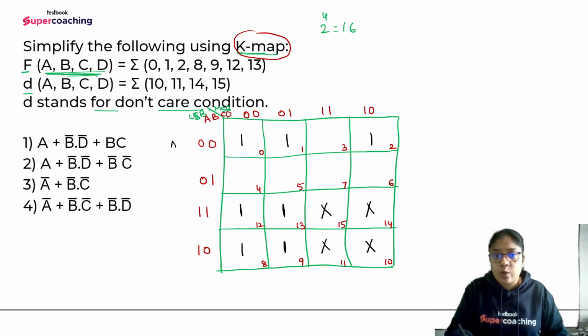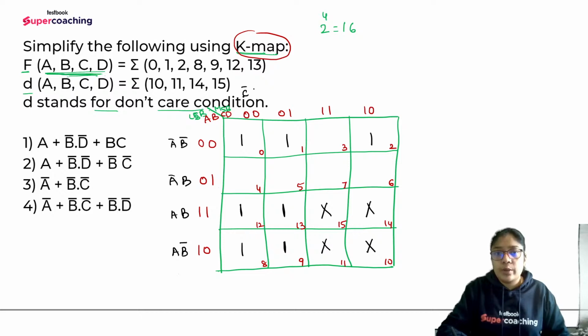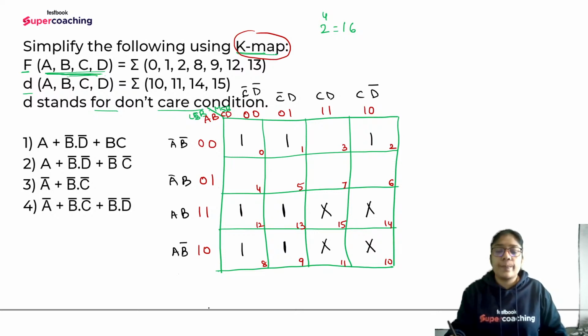This is A complement, B complement, A complement B, AB, AB complement. Similarly, here we'll be getting C complement D complement, C complement D, CD, and CD complement. Form the groups. An octet is definitely possible. In the last two rows, we have an octet forming.